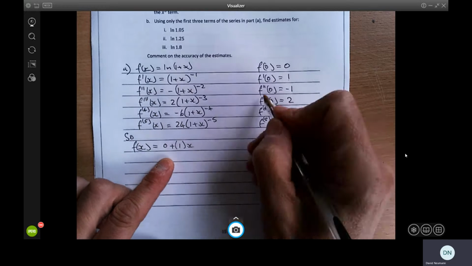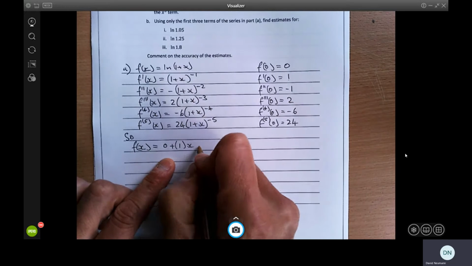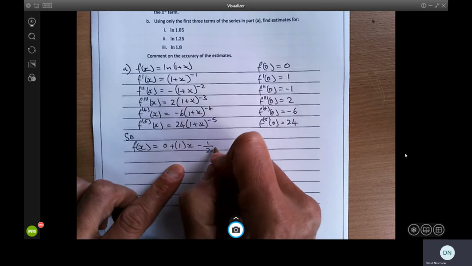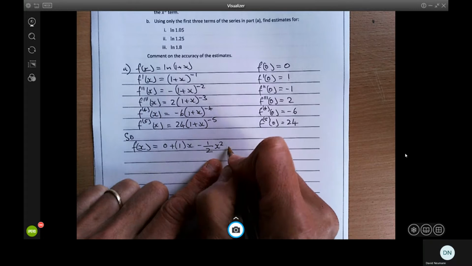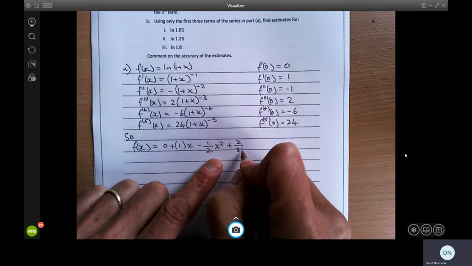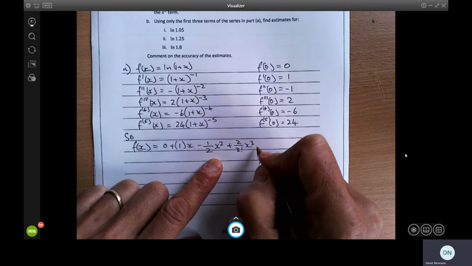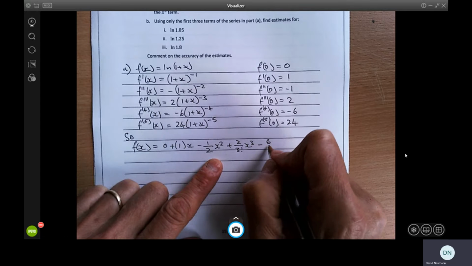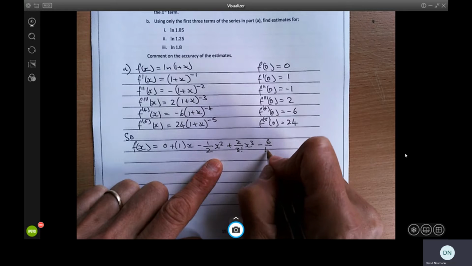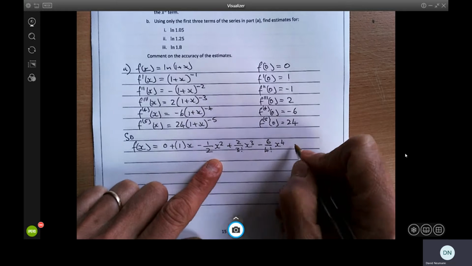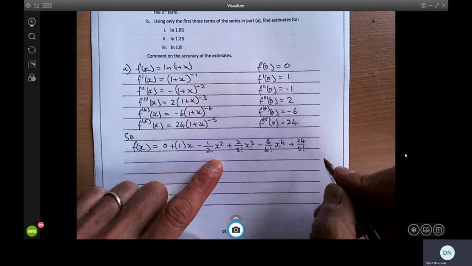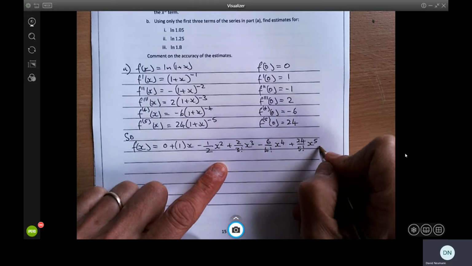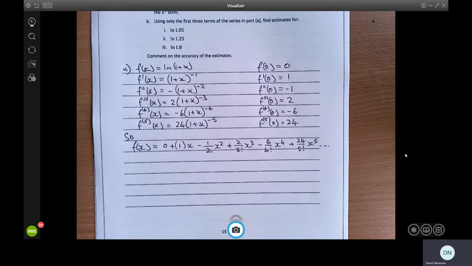Third term is f double dashed of 0 divided by 2 factorial, so that's minus 1 over 2 x squared, and then plus 2 over 3 factorial x cubed, minus 6 comes from there over 4 factorial x to the power of 4, plus 24 over 5 factorial x to the power of 5. And it's an infinite series, so it goes on forever.